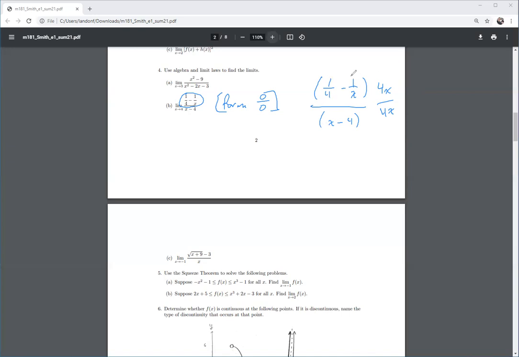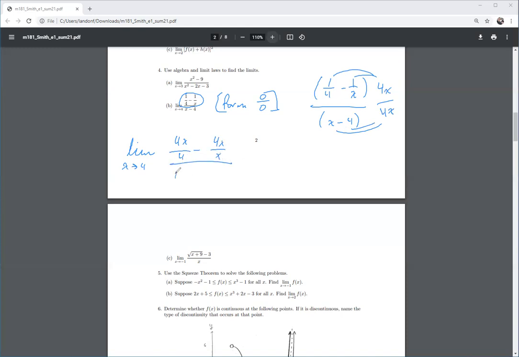Okay, so now let's distribute to both of these. So in the numerator, we'll end up getting 4x over 4. And for the other term, we'll get 4x over x all over.